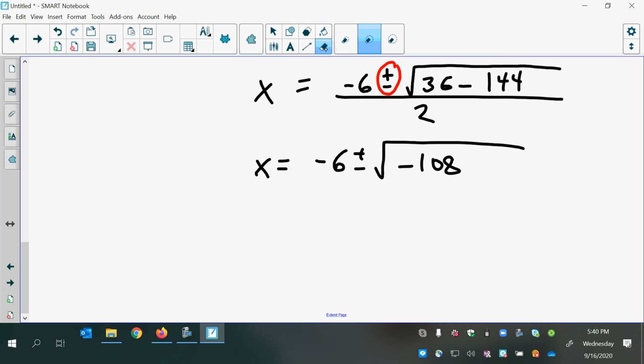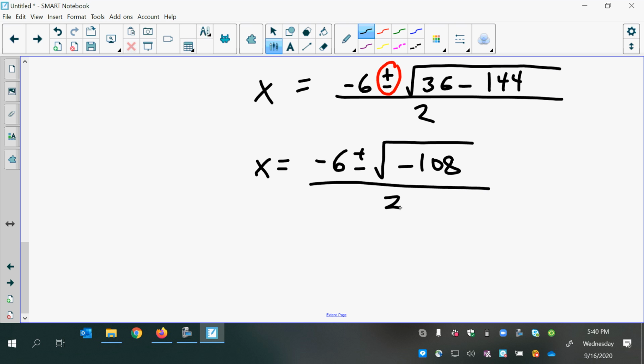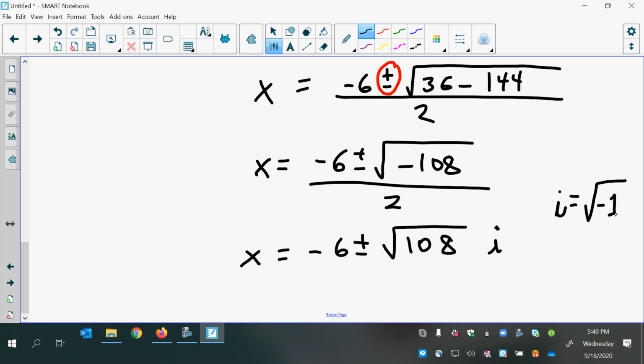So this doesn't exist in the real number system. So we call it imaginary, and we use the imaginary unit. So I can write it like that, but I can also write it like this and put the i on the outside, because i is the imaginary unit that is equal to the square root of -1.